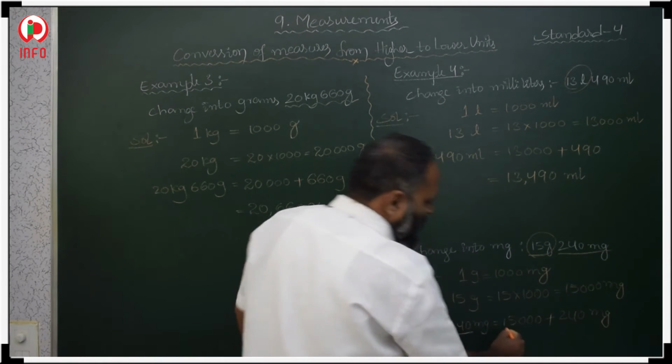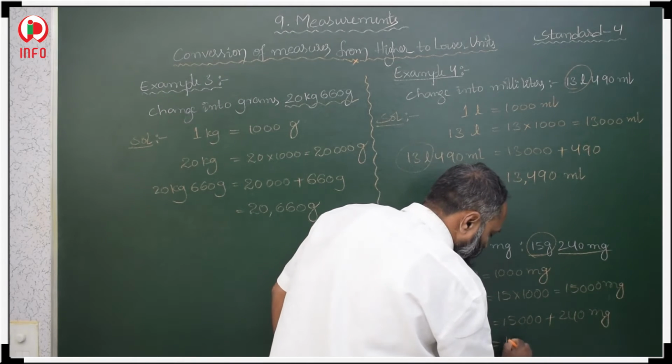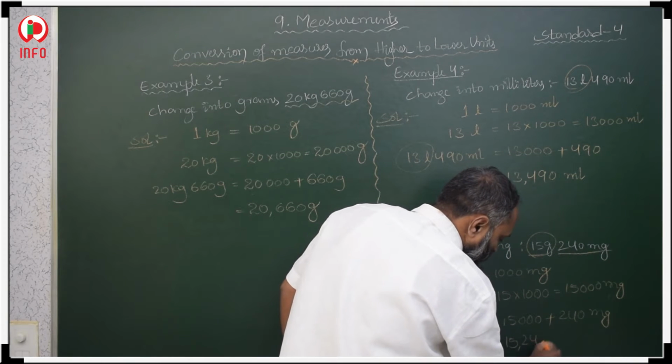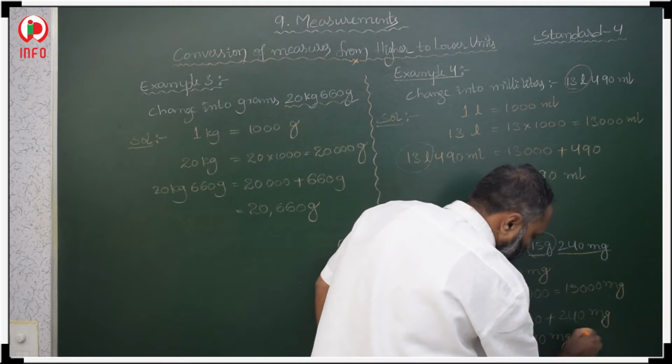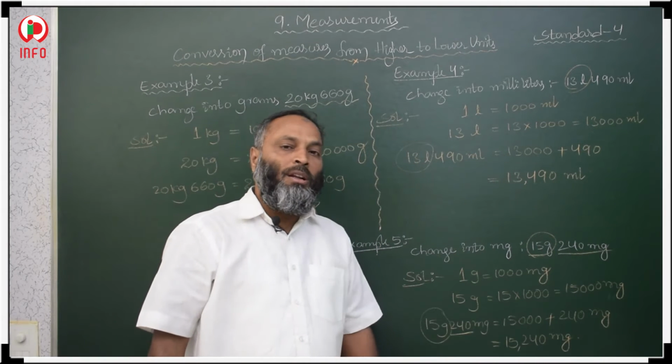Now 15,000 plus 240 is 15,240 milligrams. This is the conversion of bigger units into smaller units.